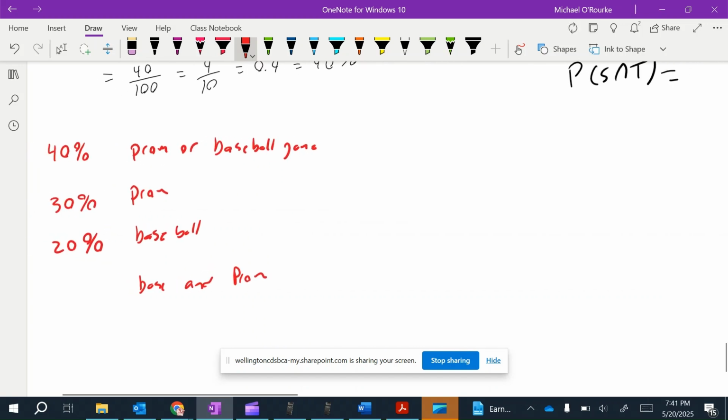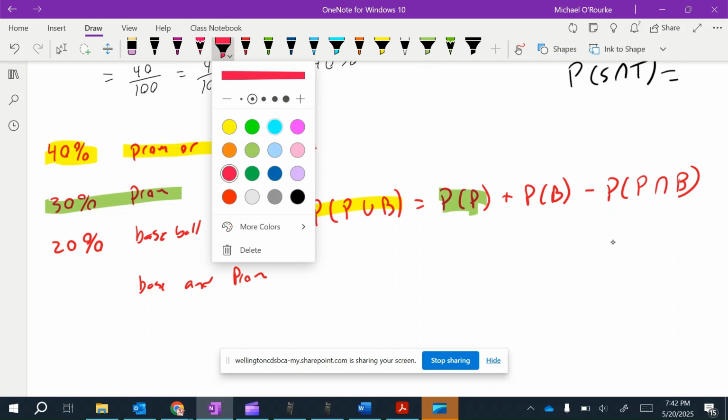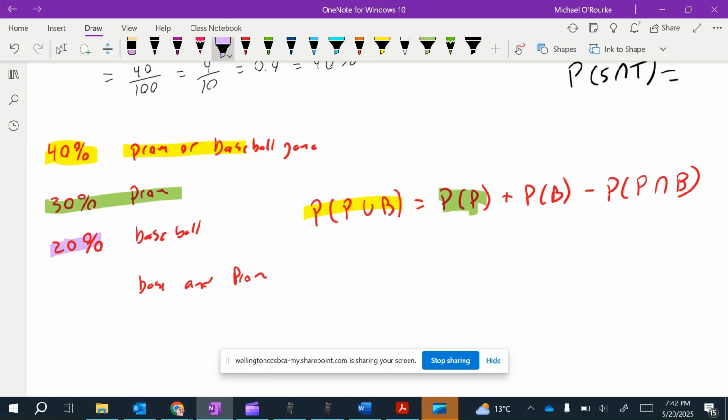Okay, so this time, if I'm looking at my formula, I have probability of prom or baseball equals the probability of prom plus the probability of baseball minus the probability of prom and baseball. In this case, I have my OR percentage, I have my prom percentage, and I have my baseball percentage.